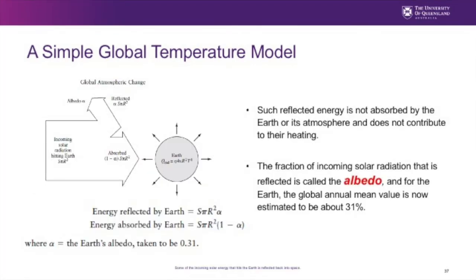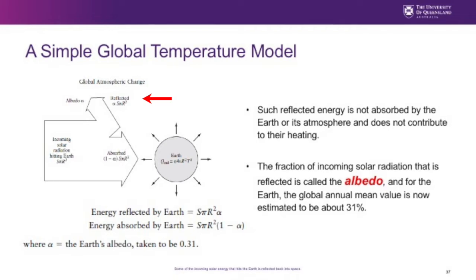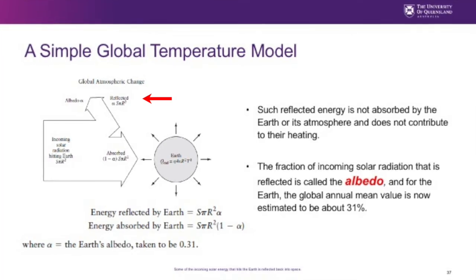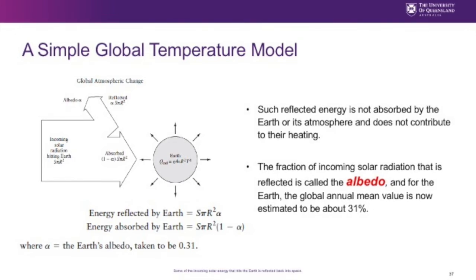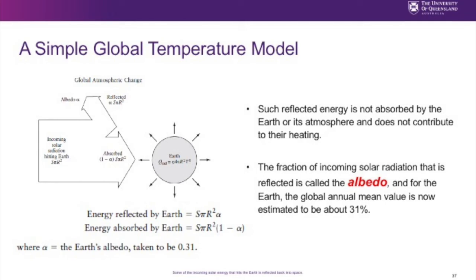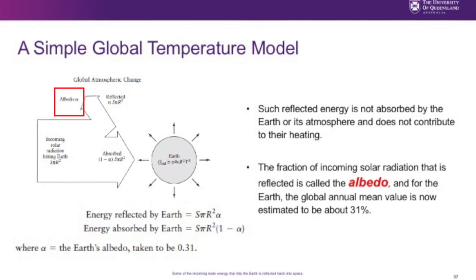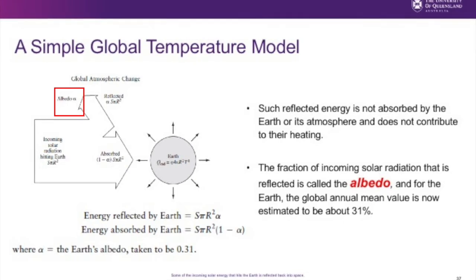Some of the incoming solar energy that hits the Earth is reflected back into space. Such reflected energy is not absorbed by the Earth or its atmosphere and does not contribute to the heating. The fraction of incoming solar radiation that is reflected is called albedo. Please keep in mind this concept because it's key for understanding global warming.